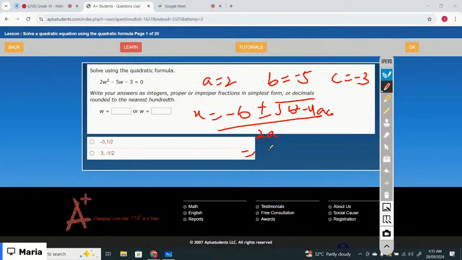So negative b, that is 5, right? That is already negative. Negative 5 becomes 5 plus minus square root of b square, that is 25, minus 4 times a, that is 2, times c, that is negative 3, right?